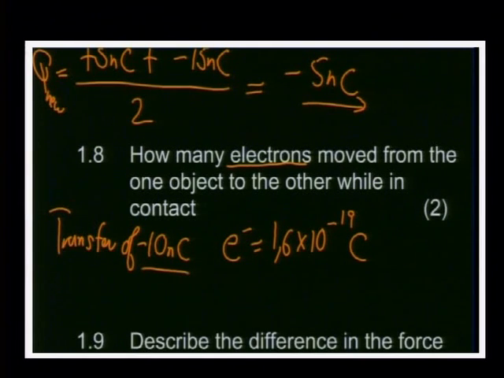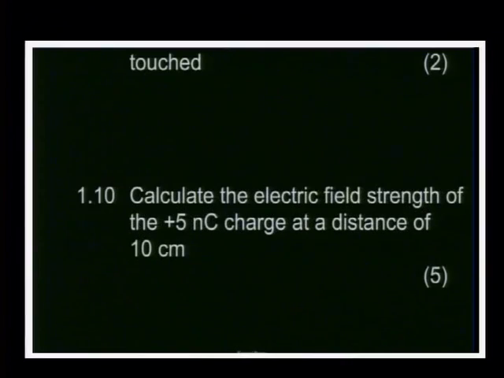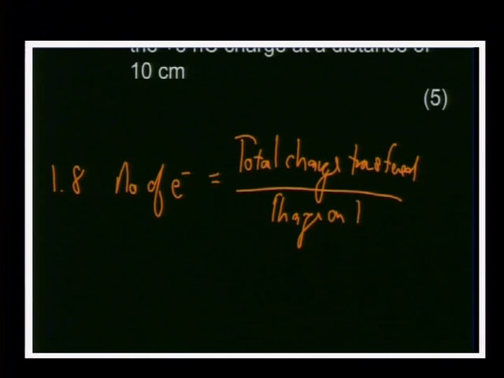So the number of electrons is equal to the total charge transferred divided by the charge on 1 electron.